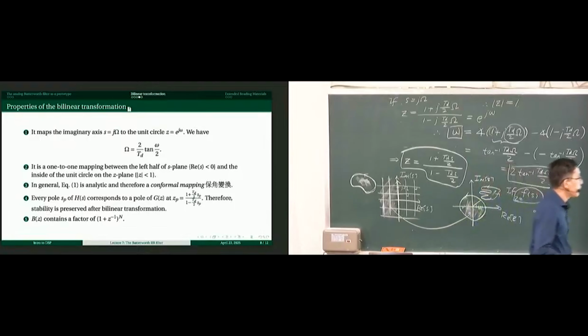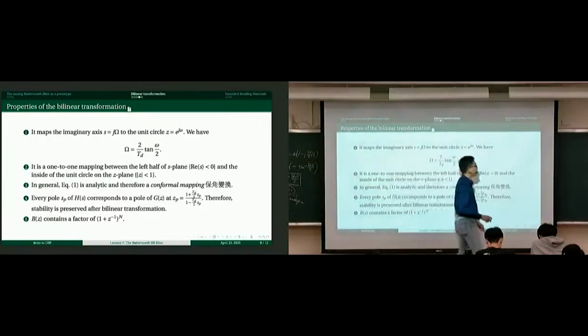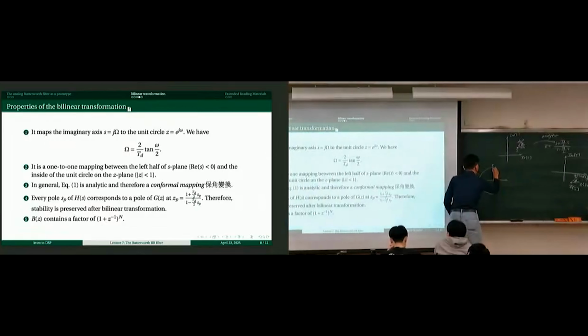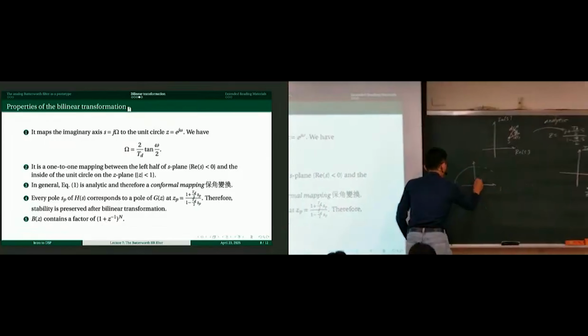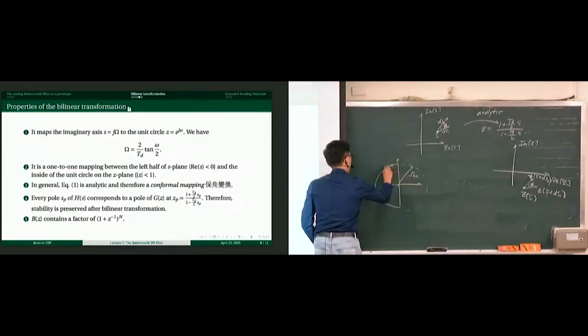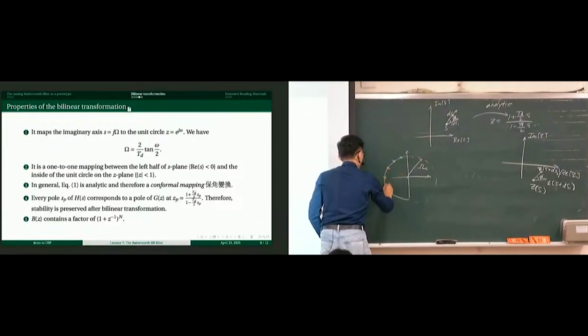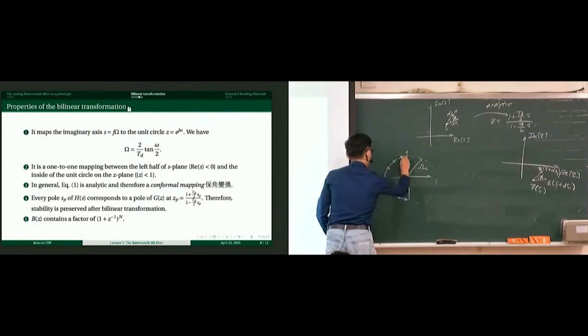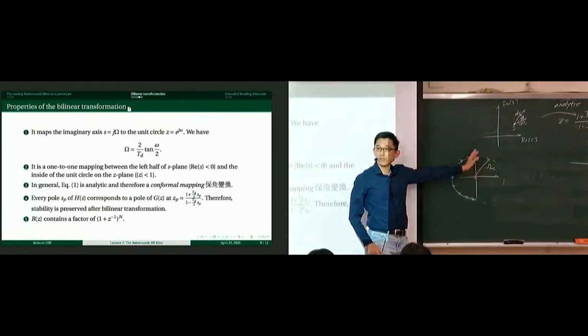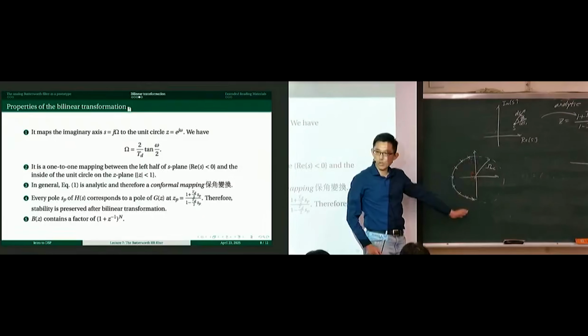So remember that when we design the prototype in the S domain, we draw a big circle with radius omega c, right? And we are placing poles right here by cutting pizza, kind of. Yeah, we place the poles on the left half plane in S domain.